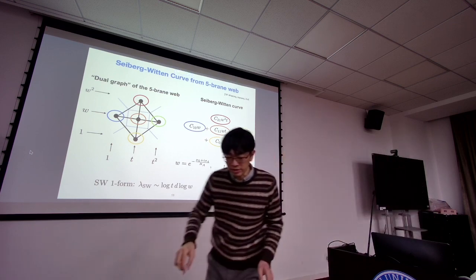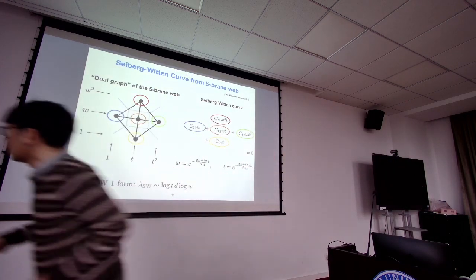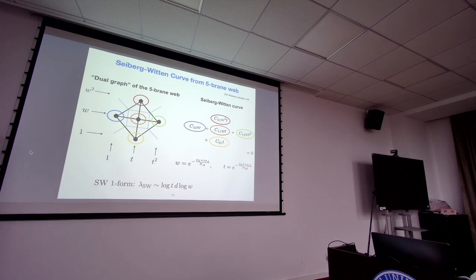Although it's a very intuitive thing, if we consider this 5-brane web, the Seiberg-Witten curve is obtained by making each line thick, like a cylinder. It's a little bit sloppy picture, but starting from this 5-brane web, the M-theory configuration is obtained by making each line thick.